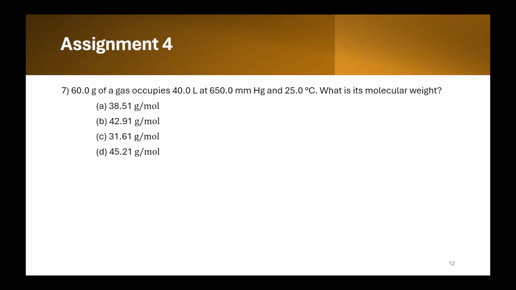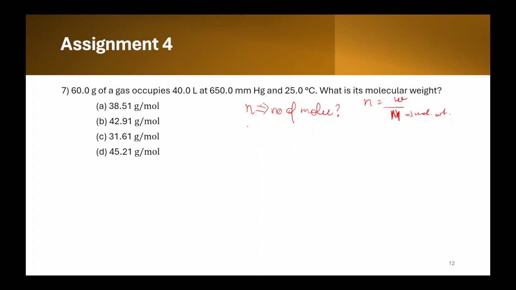We know the given weight, so firstly we need to find the number of moles, because n is equal to given weight upon capital M, which is the molecular weight. We are given pressure, volume, and temperature as well, so we can compute the number of moles.